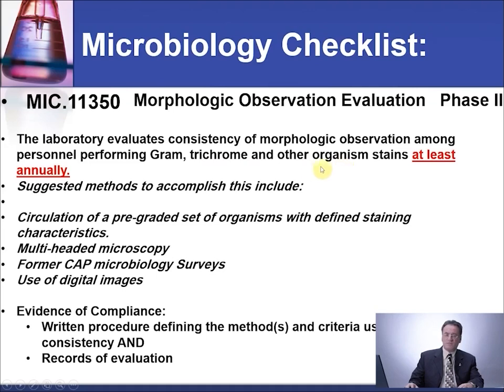If you do this as part of your annual competency, part of the running PT, or if you don't have PT or they did not get the chance to do any PT surveys, then you can give them blind samples or previously analyzed samples to do. So if you do it as part of your competency, annual competency, semi-annual competency, you should be all set with this requirement.